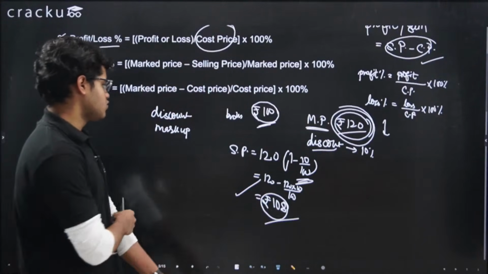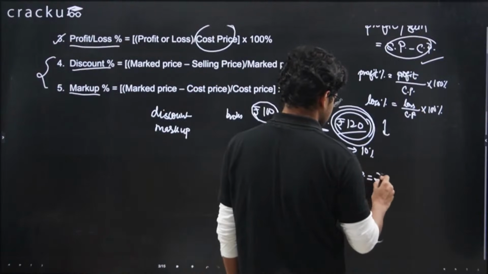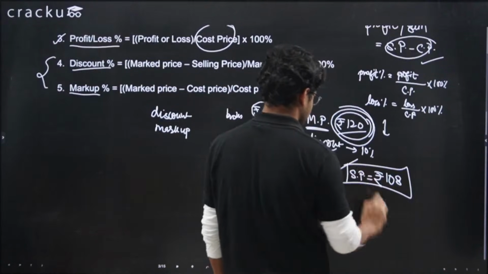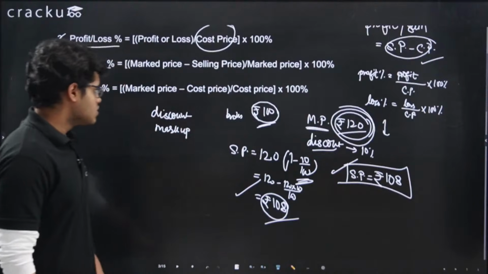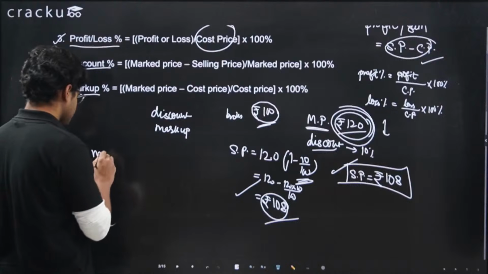This is the selling price which we are having. So SP is rupees 108. Okay, so basically the idea is, what is markup percent?